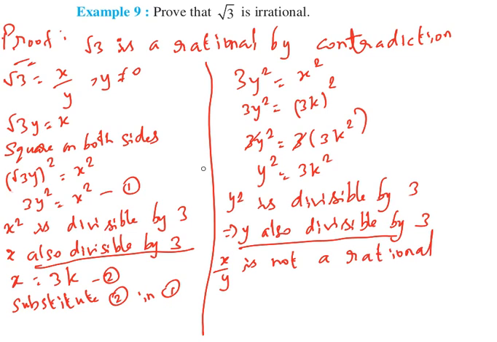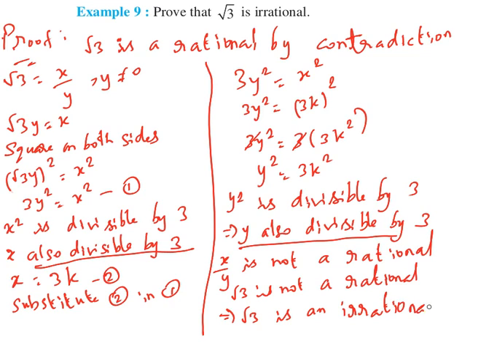So what did we assume for x by y? x by y equal to root 3. So definitely root 3 is not a rational number. So root 3 is an irrational number, we have proved.